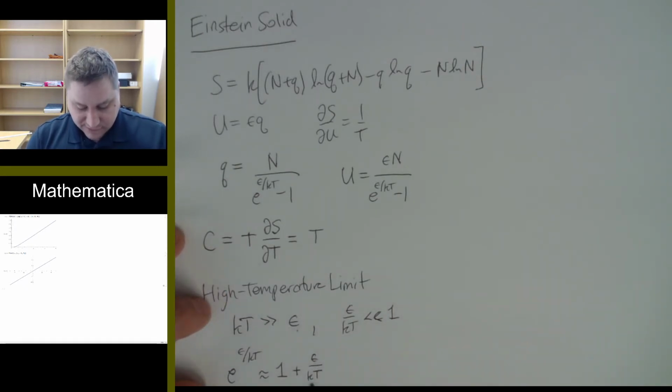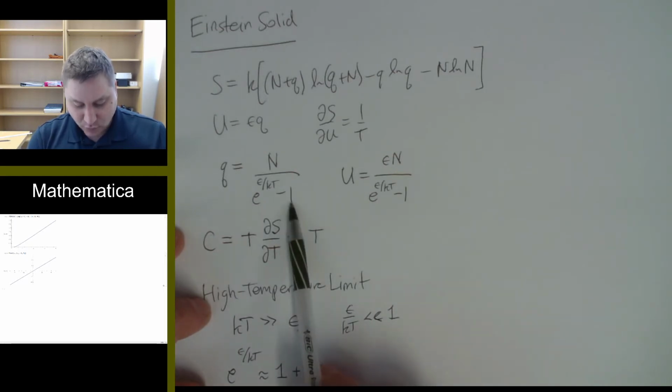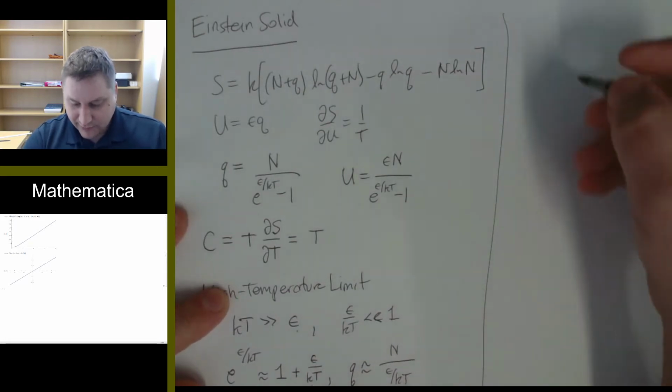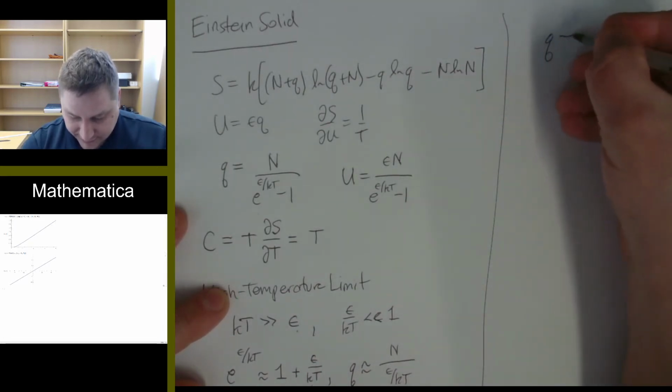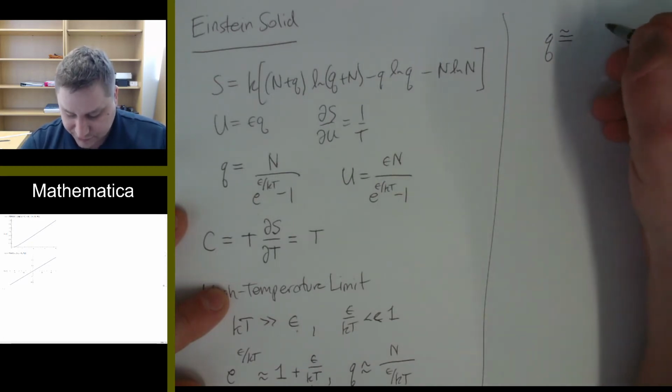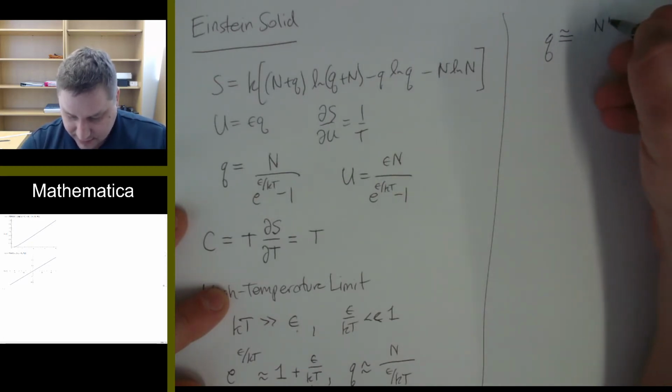And then, of course, when this appears in the denominator, the 1 plus epsilon over kT has this 1 subtracted off. So that means Q will be approximately equal to N divided by epsilon over kT, or where we start our high temperature limit on the next page, Q is approximately equal to N kT over epsilon.